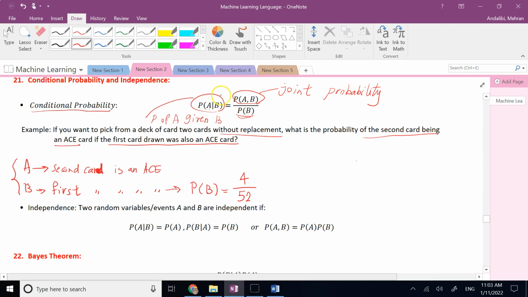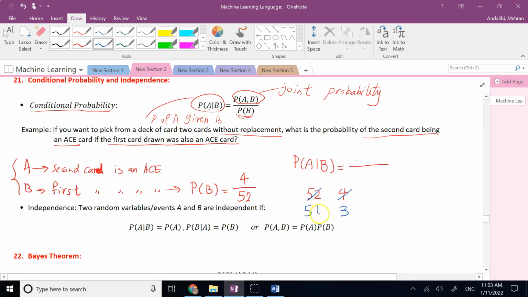What is P of A given B? Can I find it directly? Sure. I'll find it directly, and then I'll find it through the formula for you. You have 52 cards and 4 of them were aces. You picked one, so now you have 51 left, and you took one of the aces away, so now you have 3.